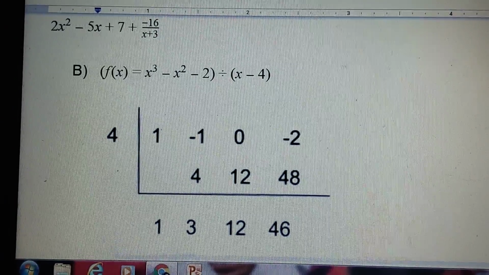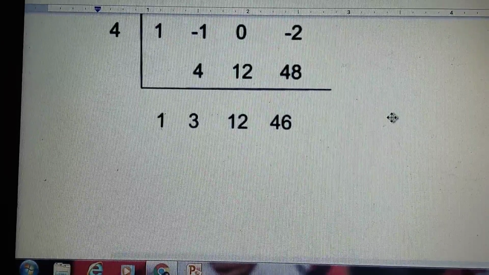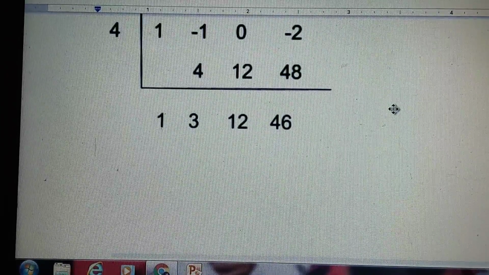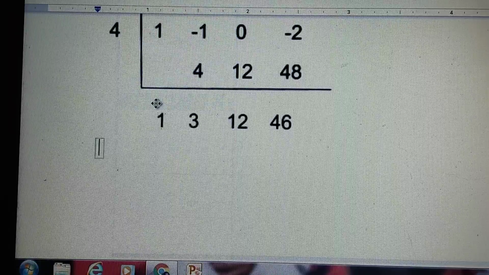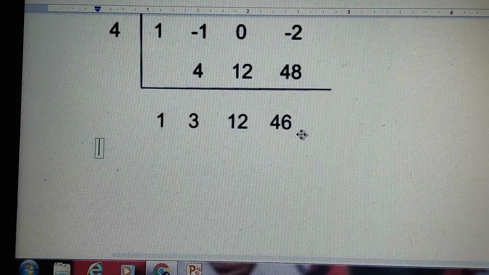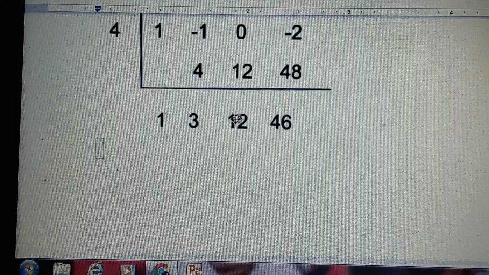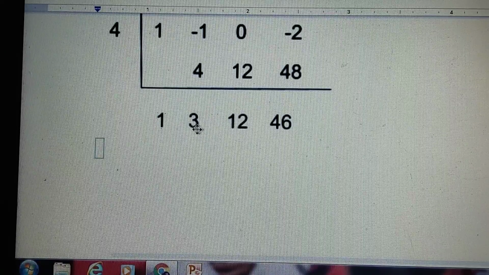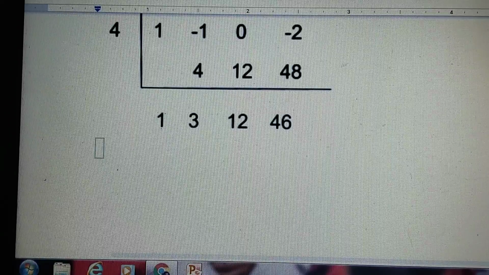Okay, so now I have it on my document, and I'm going to hit enter. And now I'm going to hit insert, equation, and I'm going to put this together. So remember, 46 is my remainder, 12 is my constant, 3 gets attached to an x, 1 gets attached to an x squared.